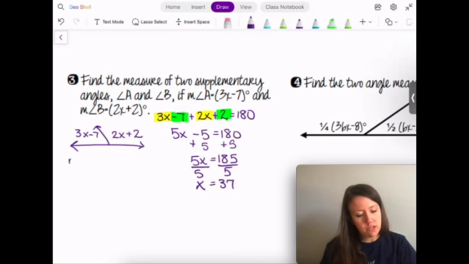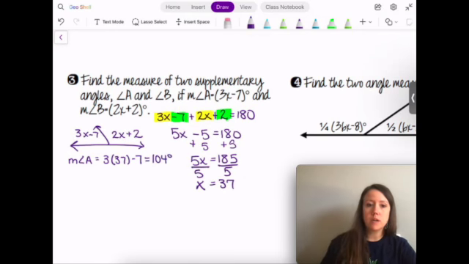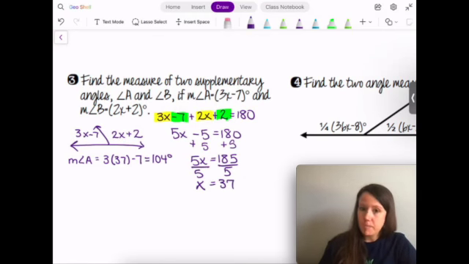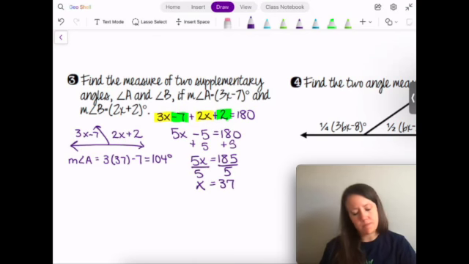So the measurement of angle A would be 3 times 37 minus 7, which is 104 degrees. So it looks like I have my parts flipped, right? The big angle and the little angle, because my picture does not show an obtuse angle there.